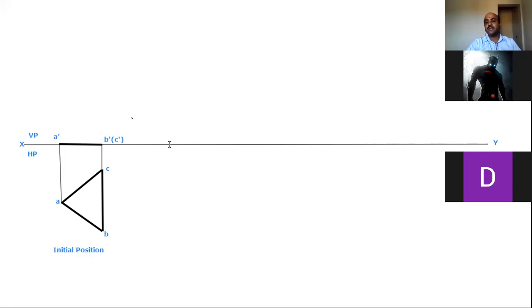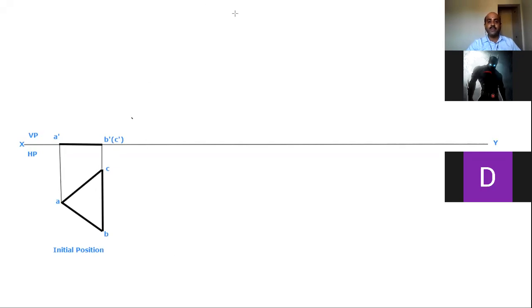This condition can be satisfied by tilting the lamina such that the corner A dash is on the XY line, but the edge BC is 15 millimeters above the XY line. So this satisfies that the edge is 15 millimeters above the XY line.